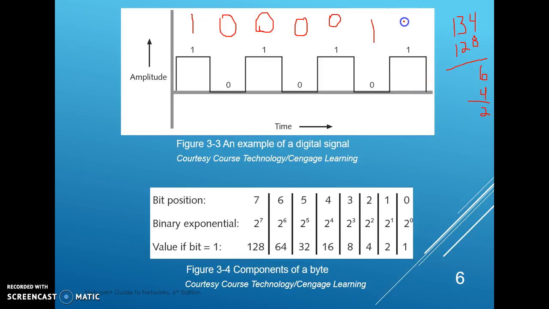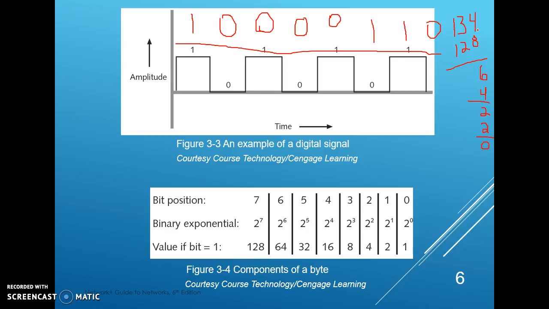Does the 2 go into the 2? Yes, it does. Subtract that out. We have 0. That actually just finishes it up because the next column here is a 1, so we'll say no. So this right here, folks, is the binary representation of 134.